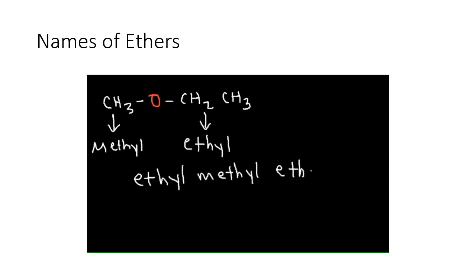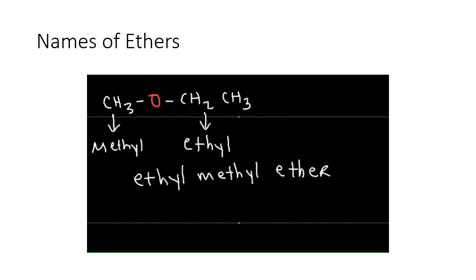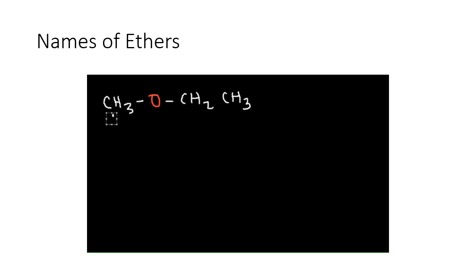Now what about the IUPAC name? What is it for this particular example? Well, let's redraw it. So the longest structure, or the longest chain, is the 2 carbons on the left. So I'm going to write it like that. And then I'm going to draw this as a substituent. So we have an OCH3 group.